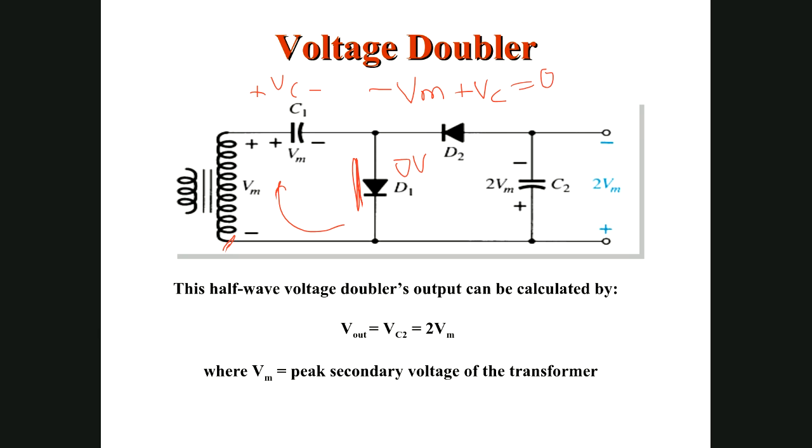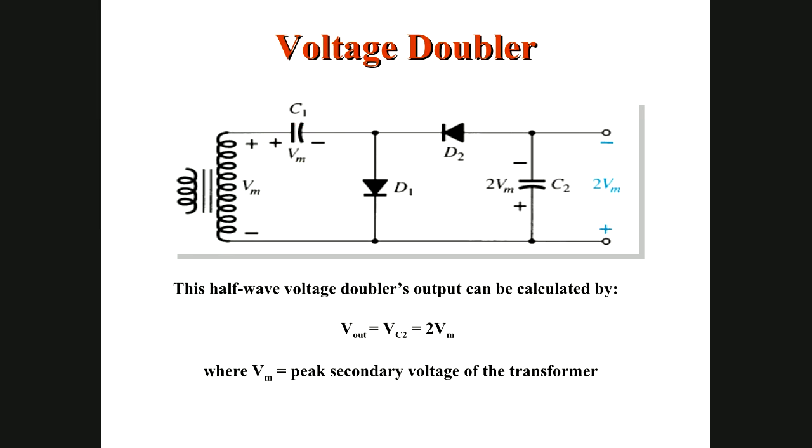The purpose of this equation is to find out the value of Vc. If you simplify, you will find that voltage Vc equals, taking Vm to the opposite side, Vm. So this voltage will be Vm. So we have got a voltage like this.